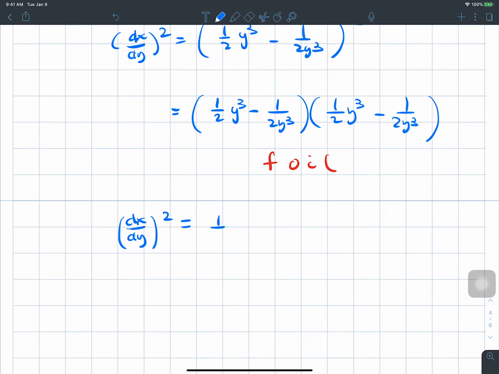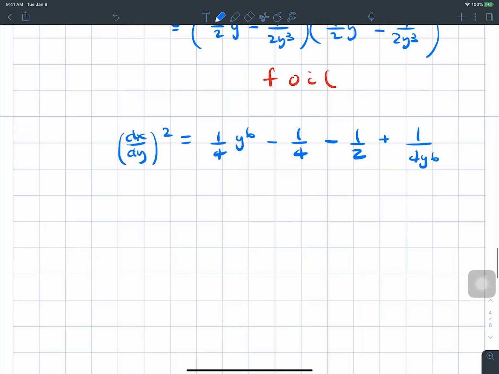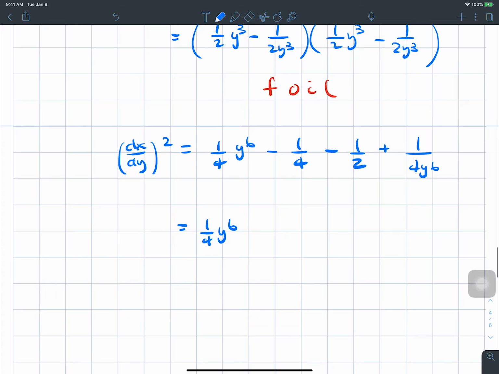Use FOIL. 1/4 y to the 6th, first term. Outer terms, minus 1/4. Inner term, that looks like it's also minus 1/4. And then the last term, 1 over 4y to the 6. Now, combine like terms. We get 2/4, which is 1/2, plus 1 over 4y to the 6.